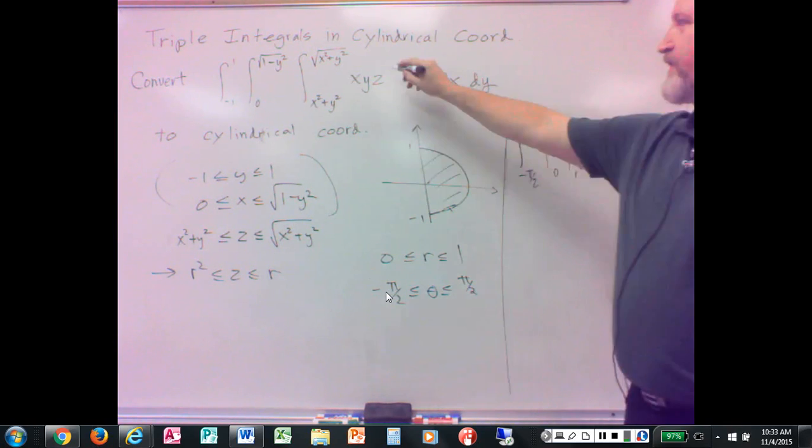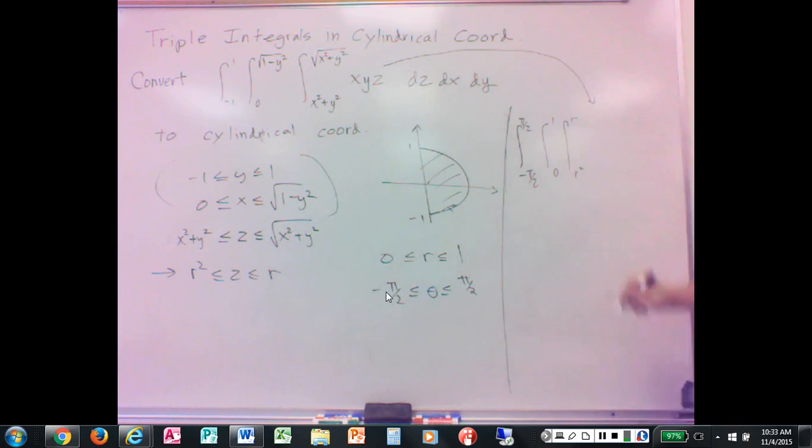All right, and then the function is x, y, z. The z's okay, but I need to change the x and the y, don't I? That'd be r cosine theta, r sine theta, times z. And then it's r dz dr d theta.